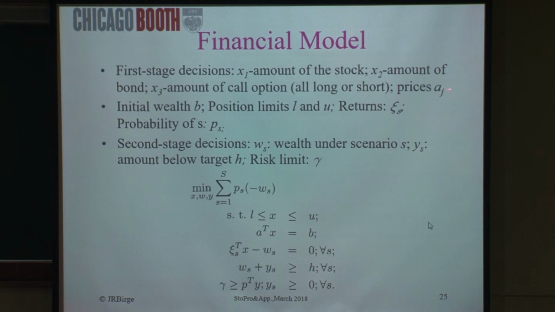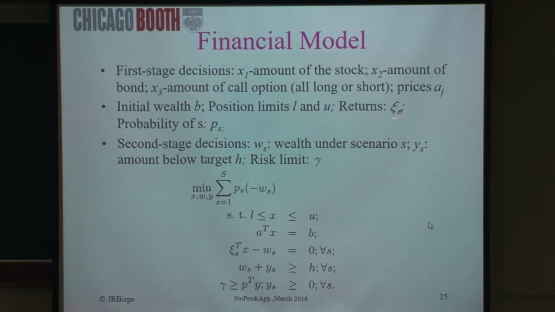The price is indicated here by A. My wealth is B, so I can invest B. L is a lower bound, and U is an upper bound on my investments.